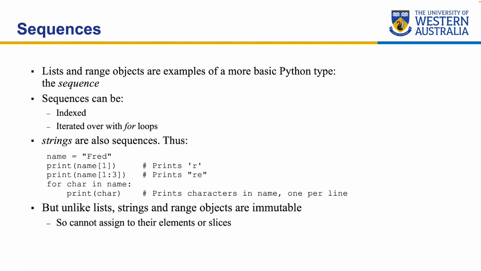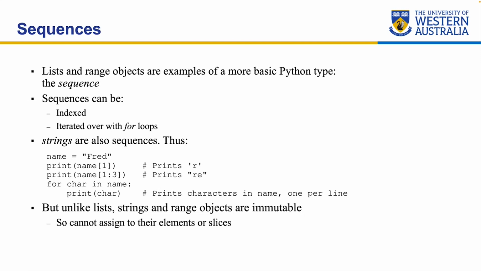So list and range are both examples of a more general Python type called a sequence. A sequence can be indexed, which means you can provide a position value to access the data inside at that position, and iterate over it with a for loop. Interestingly, strings are also sequences, if you didn't expect that, because a string is made up of a series of characters.